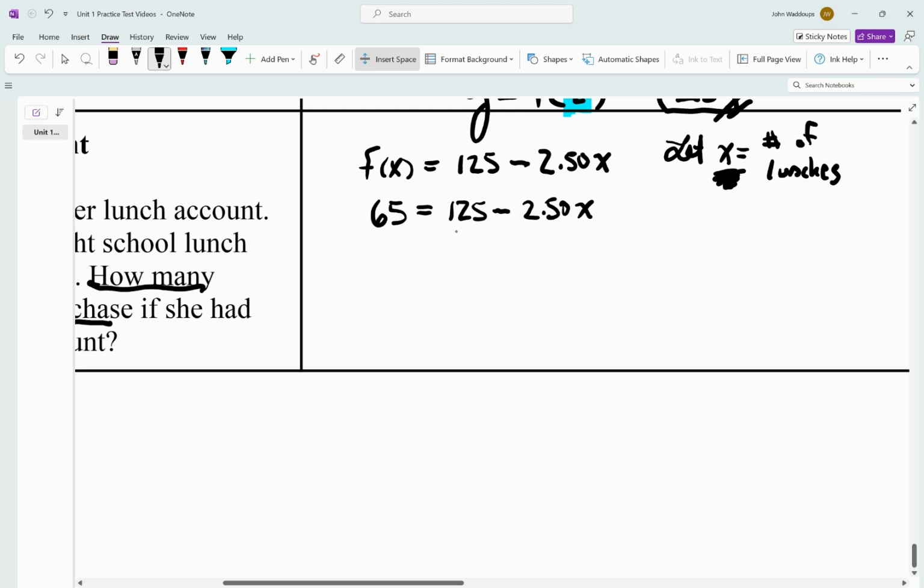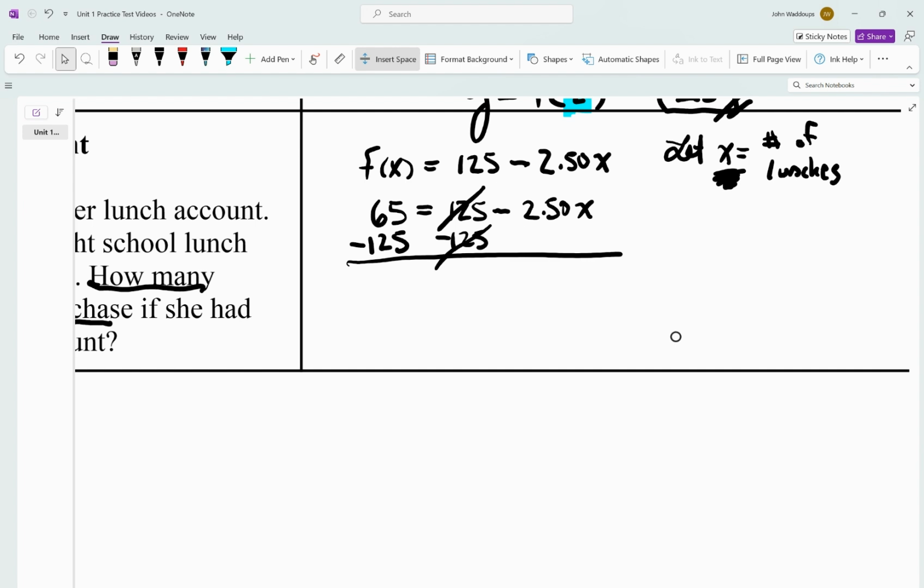So I'm going to first get rid of this 125. I'm going to subtract 125 from both sides. And then I've got 65 minus 125. I could just do it in my head, but I'll check with the calculator.